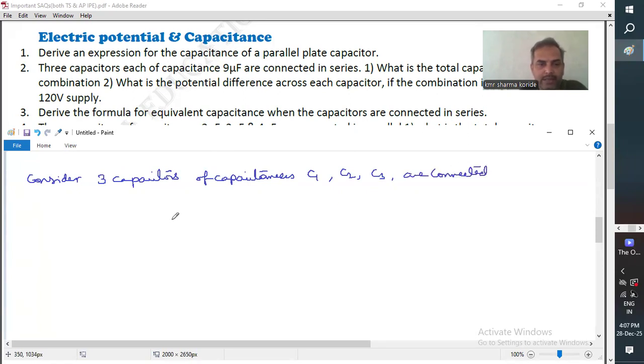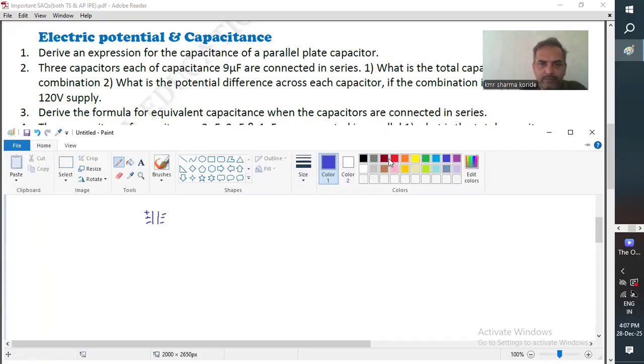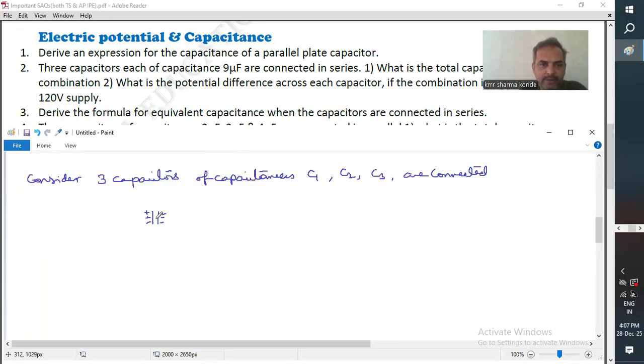They are connected in such a manner that, let us say, this is the first capacitor. It has a positive plate and a negative plate. The negative plate of the first capacitor is connected to the positive plate of the second capacitor.